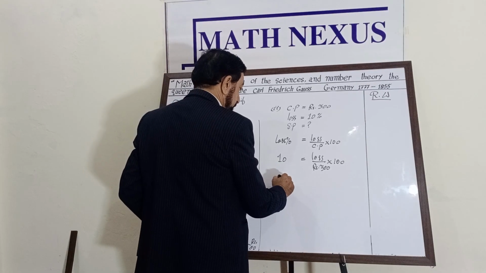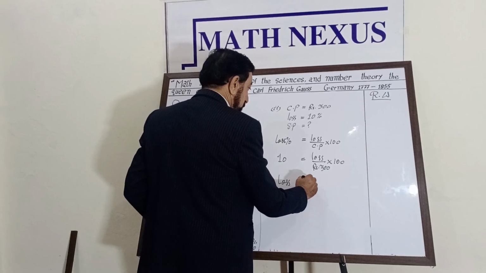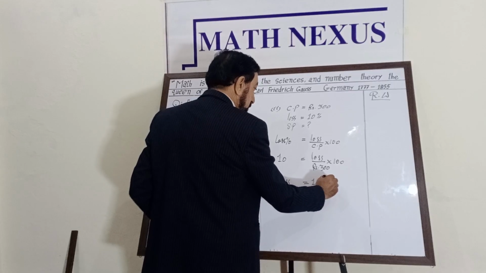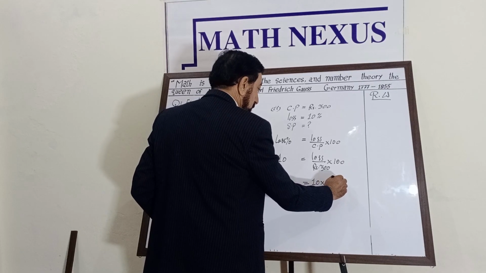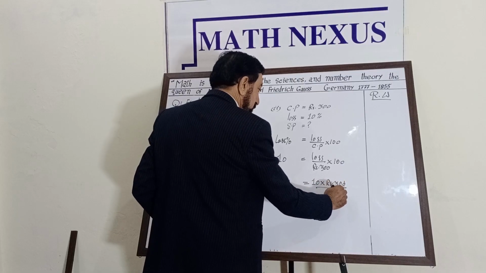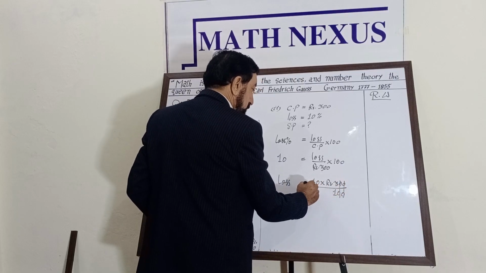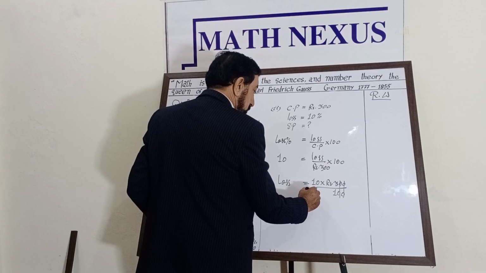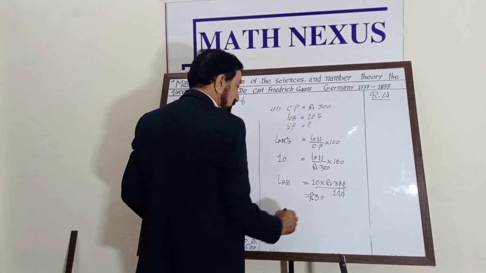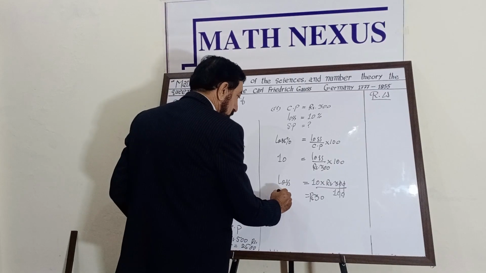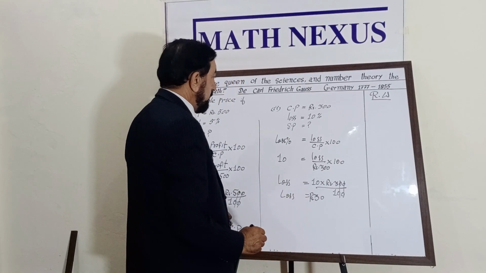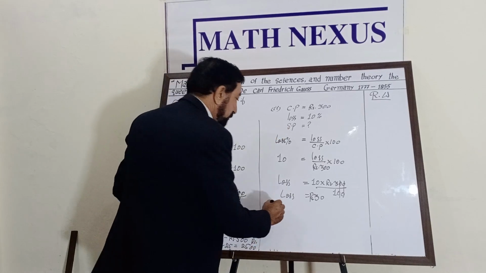Loss is equal to 10 into 300 upon 100. Loss is equal to 30. Now sale price is unknown.